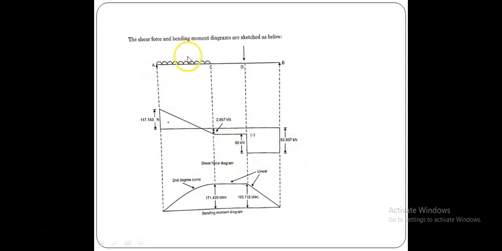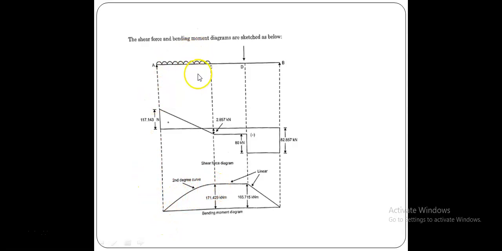This is the diagram of the SFD, shear force diagram. Since it is subjected to UDL, the moment points between A and C should be connected by a parabolic curve.